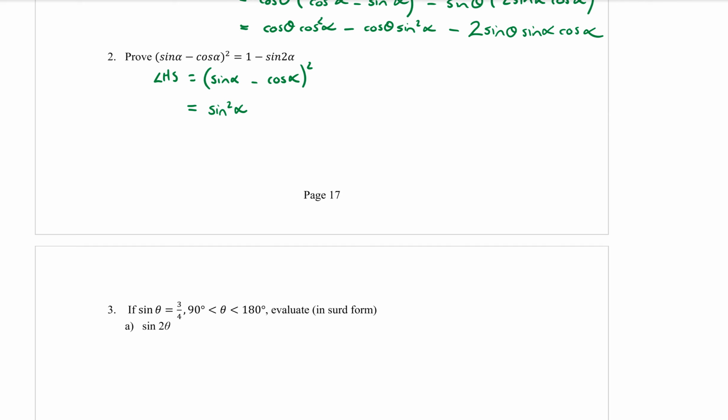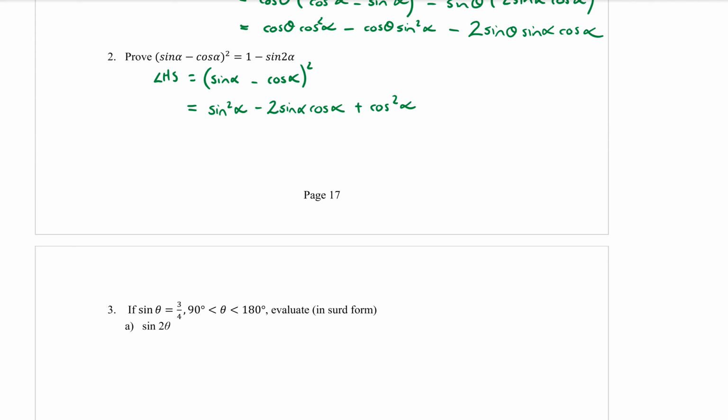So that would be minus 2 for doubling, and timesing them together would be sine alpha cos alpha. And finally, to complete the expansion, I need to do the cos alpha times by itself. The minus times the minus will make a plus, and cos alpha times cos alpha makes cos squared alpha.